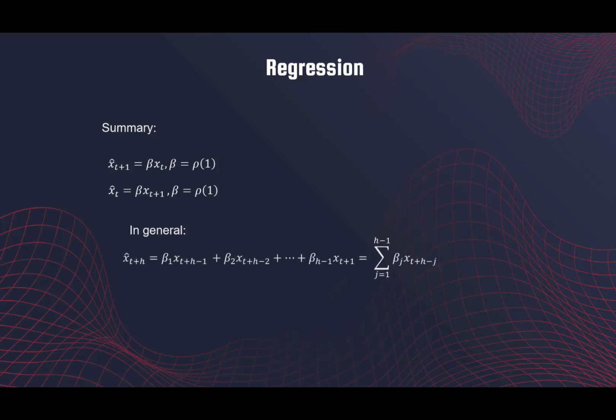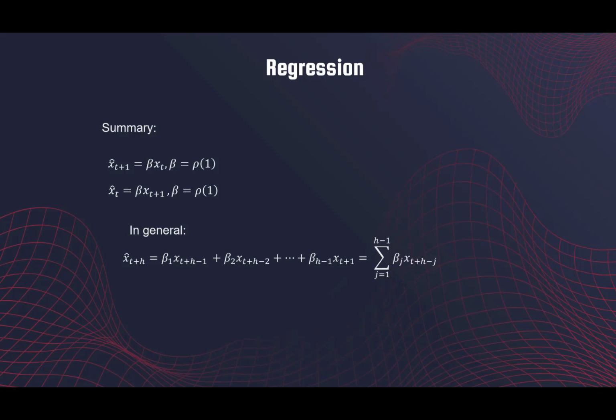If we do this regression, we are predicting x_{t+h}, not one time point in the future but h points in the future, based on all of these points: beta_1 times the value 1 time step back, beta_2 times 2 time steps back, up to beta_{h-1} times h-1 time steps back. You can write this more succinctly in this way.